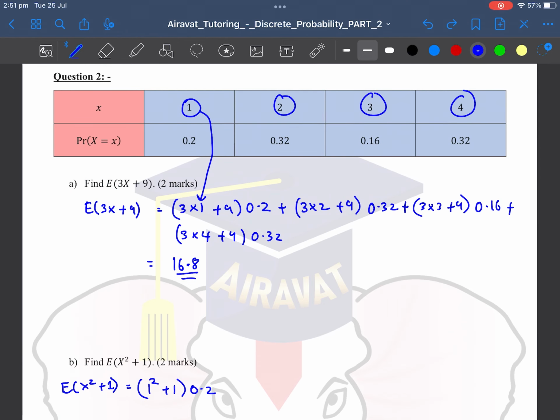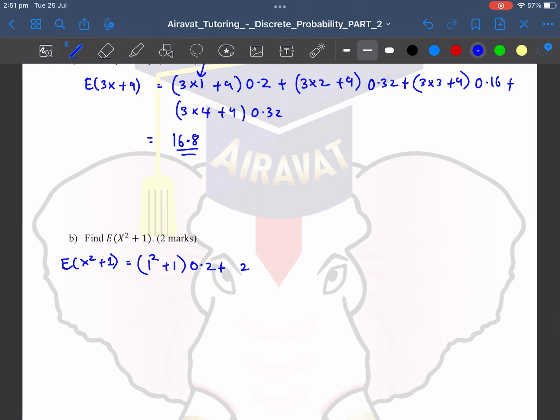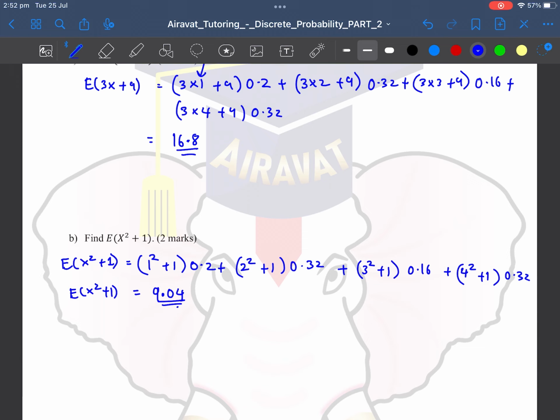Plus (2² + 1) times 0.32, plus (3² + 1) times 0.16, plus (4² + 1) times 0.32, and this would give you an answer of 9.04. And there you go. That's how we do these sort of questions.